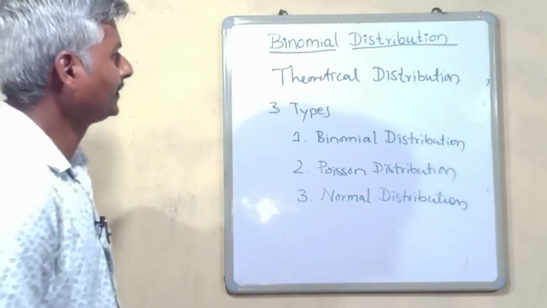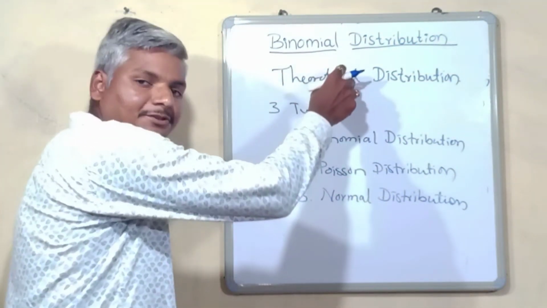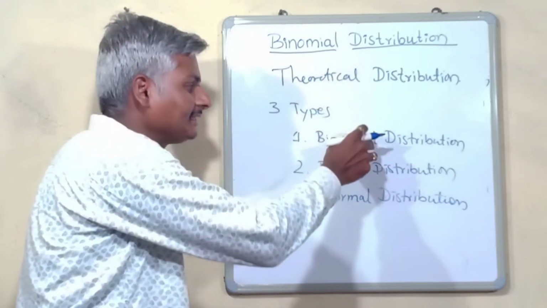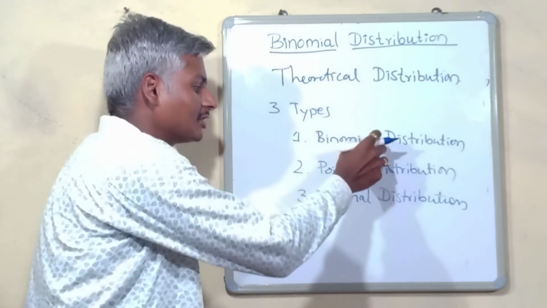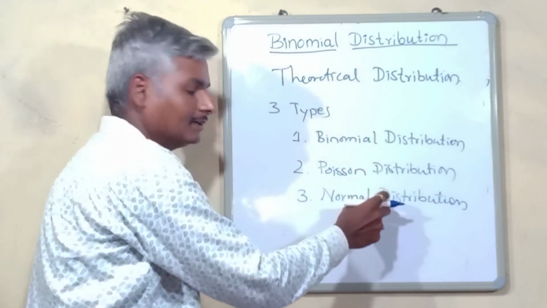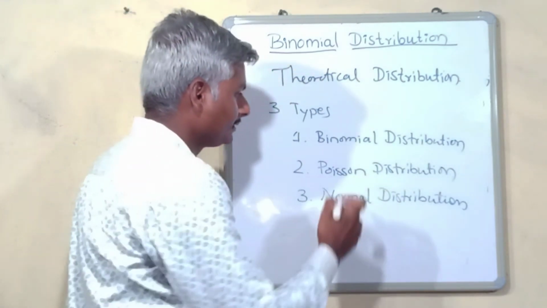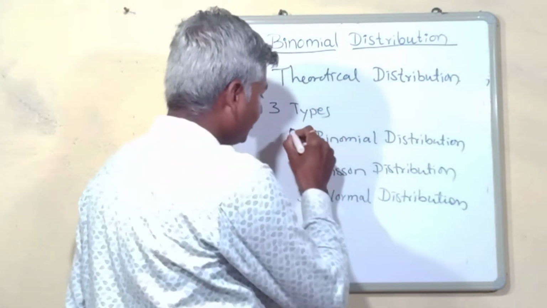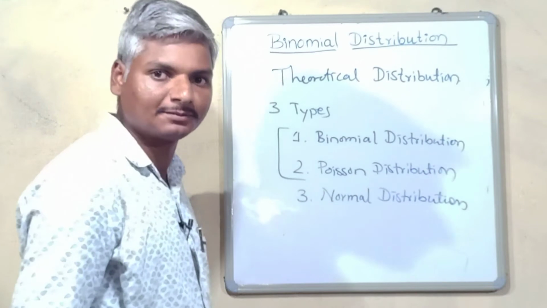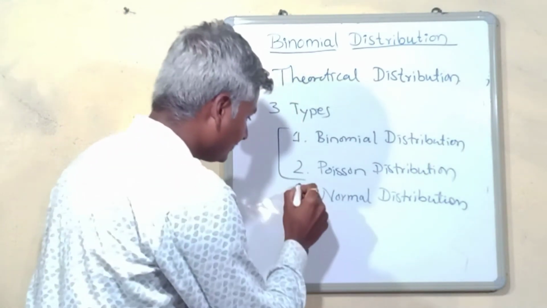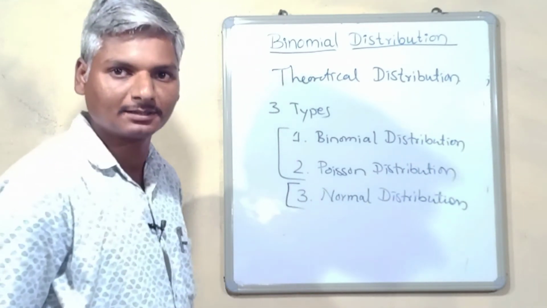See here, we have three types of theoretical distribution, that is binomial, Poisson and normal. We will be discussing these two distributions in the first chapter, and the normal distribution in the third chapter.